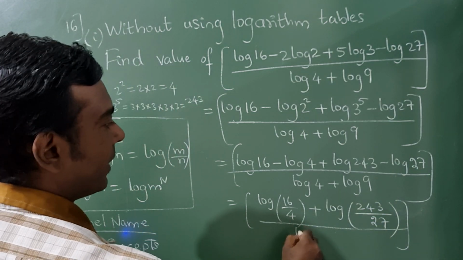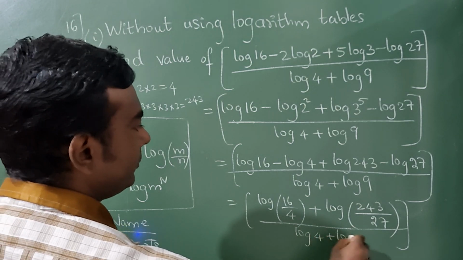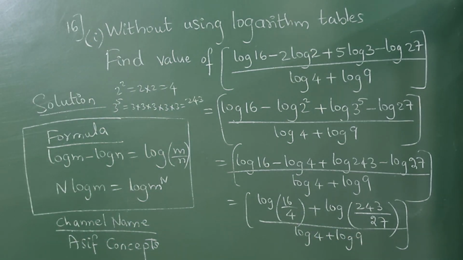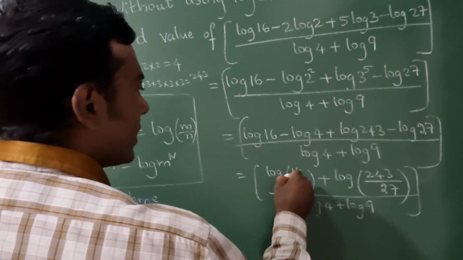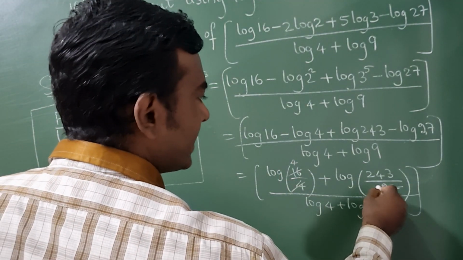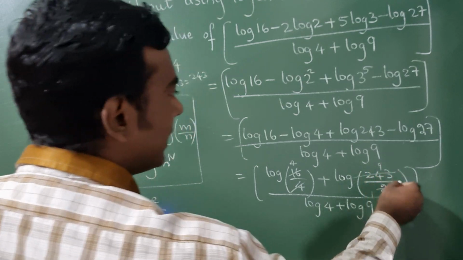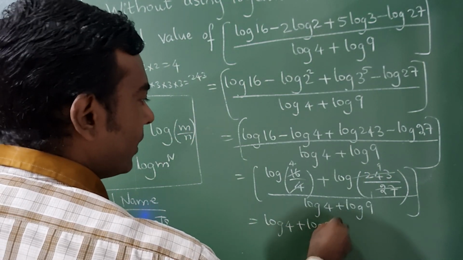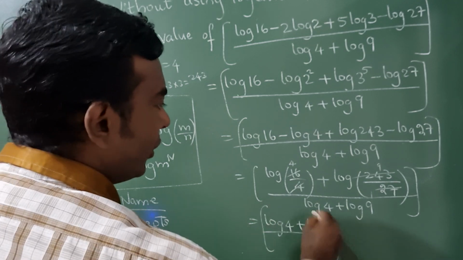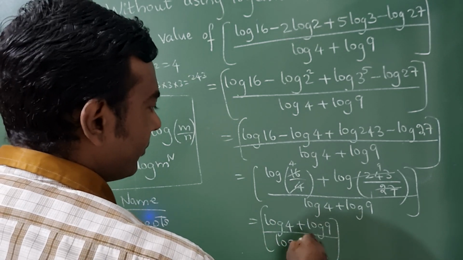Write the denominator part as it is. Now 4 ones are 4, 4 4s are 16, 27 ones are 27, 9 9s are 243. So log 4 plus log 9 in the numerator. Denominator write as it is.